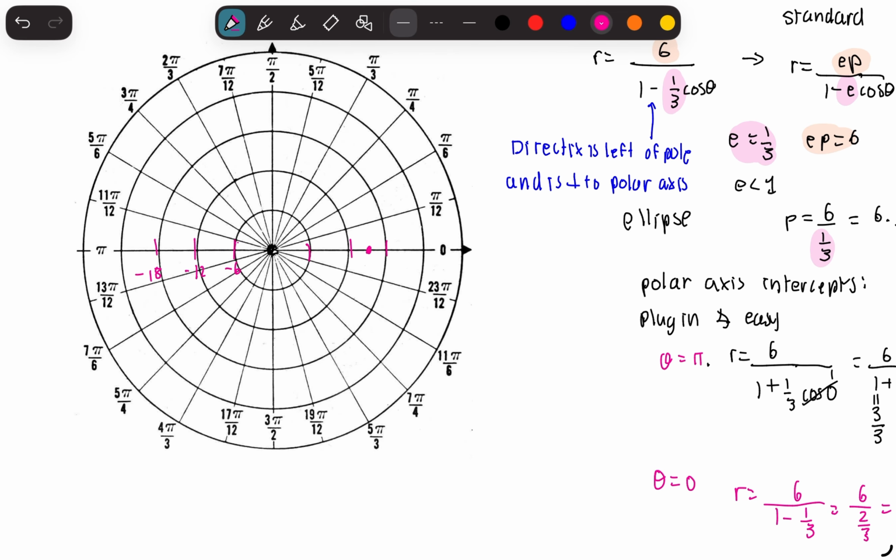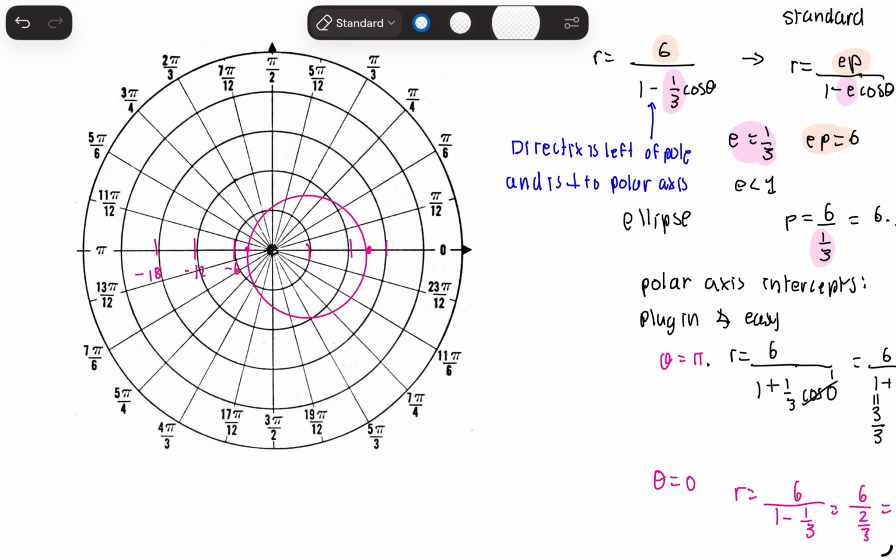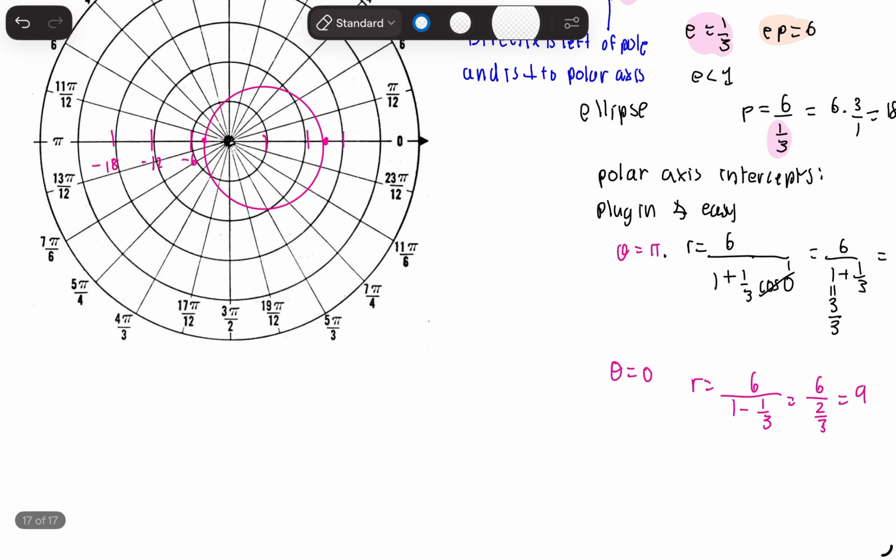Somewhere over here, a little bit past here, and we're going to have our ellipse. And it's going to be symmetric about the polar axis, which is this. So let's do our next question.